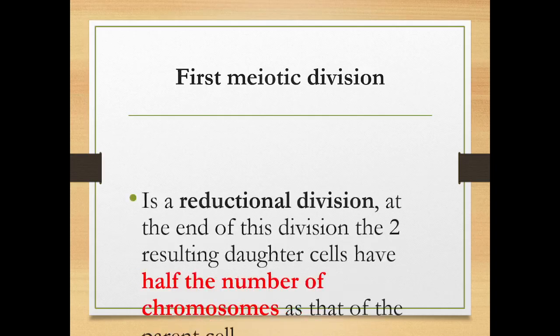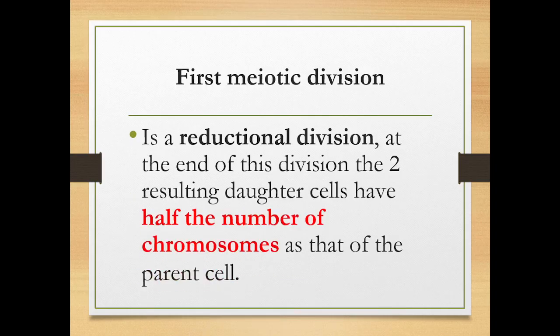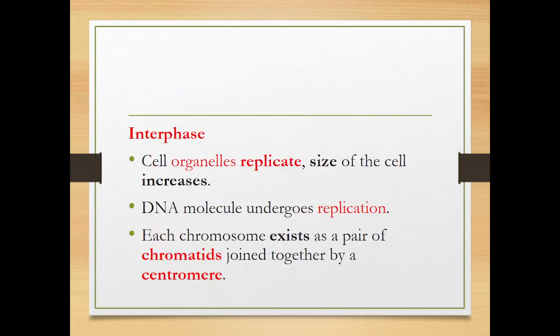The first meiotic division is also known as the reduction division, and during this stage the number of chromosomes is changed from diploid to haploid. So it is during meiosis 1 that you expect the chromosomes to be reduced from diploid to haploid. For more explanation, I delivered that in part 2.